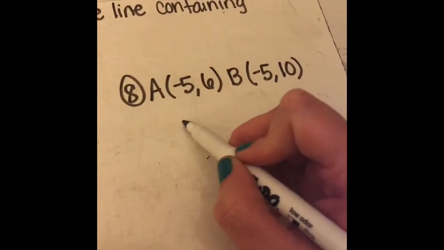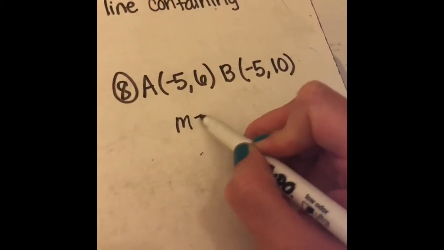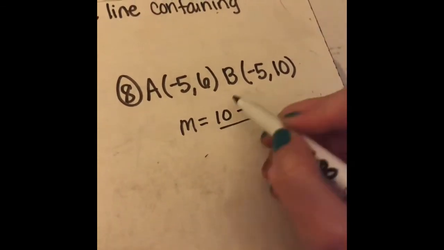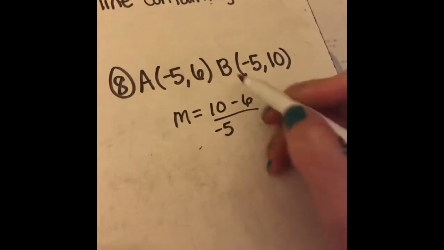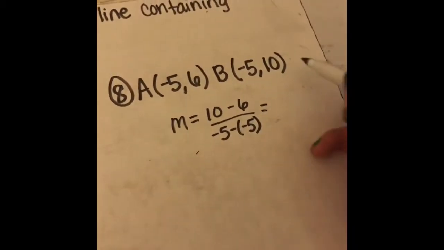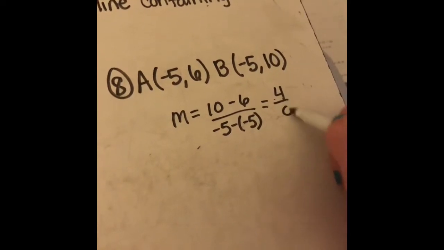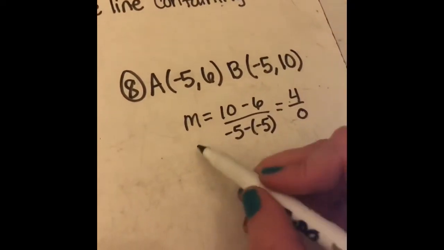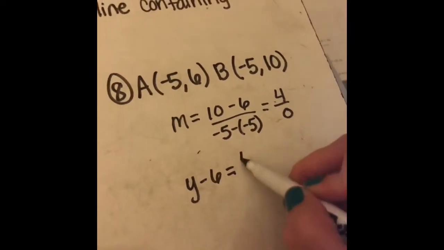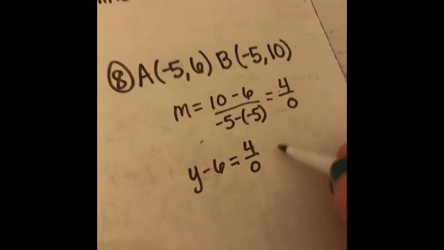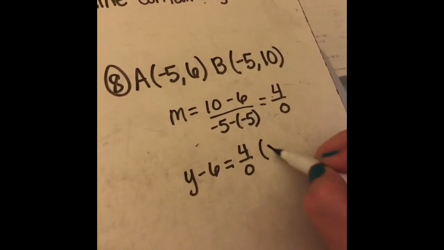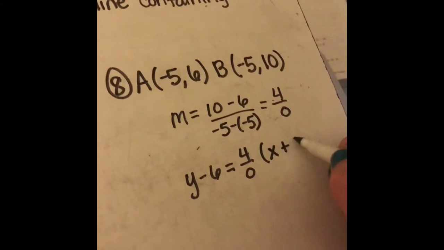All right, here we have slope: 10 minus 6 over negative 5 minus negative 5. Okay, so we have 4 over 0. So y minus 6 equals 4 over 0, which equals 0, and then that is x plus 5.